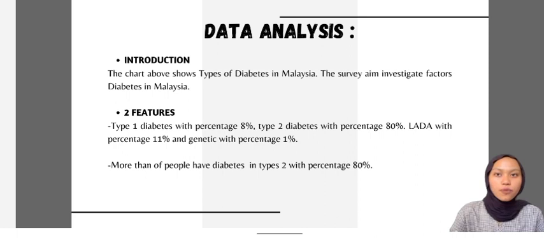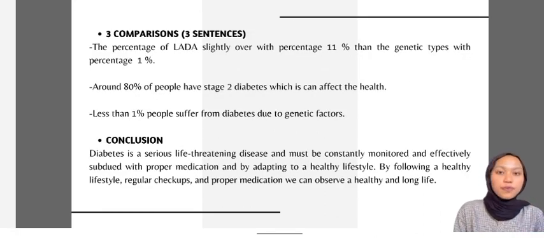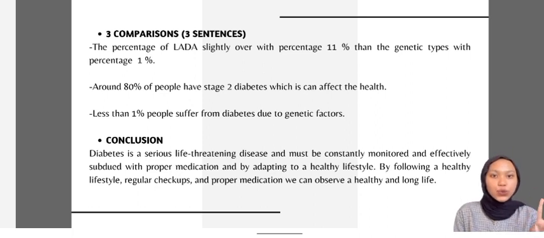Next, most people have type 2 diabetes, with 18%. Three comparisons of the pie chart: the percentage of LADA is slightly lower at 11%, then the genetic type at 1%. Around 18% of people have type 2 diabetes, which can affect their health.